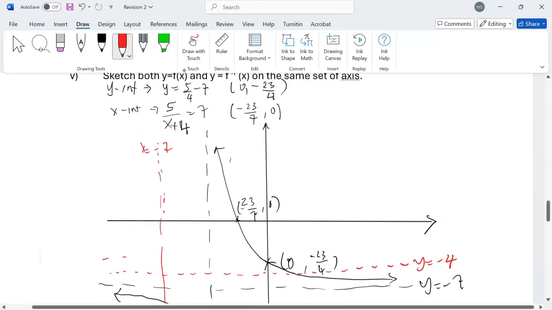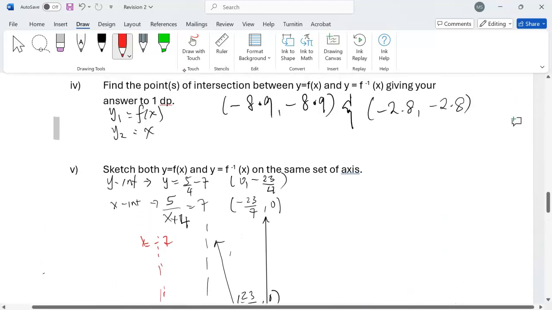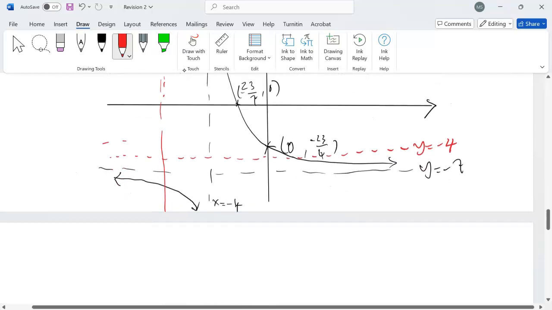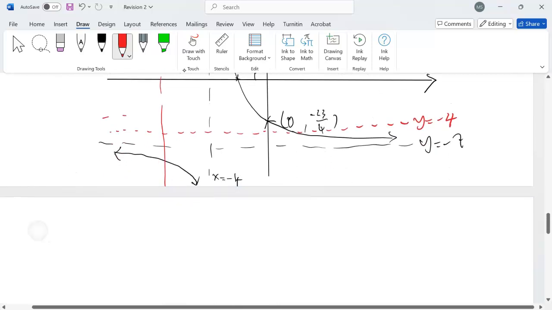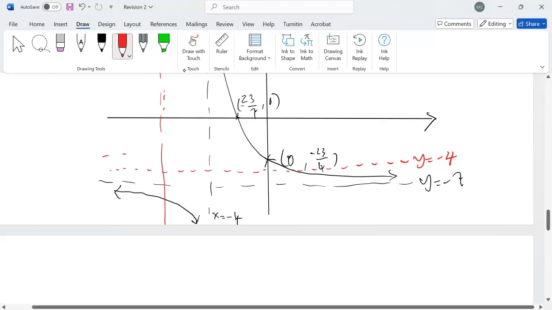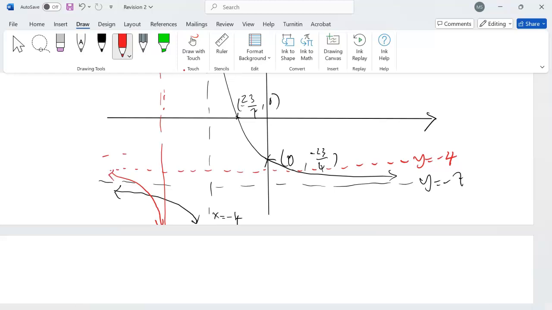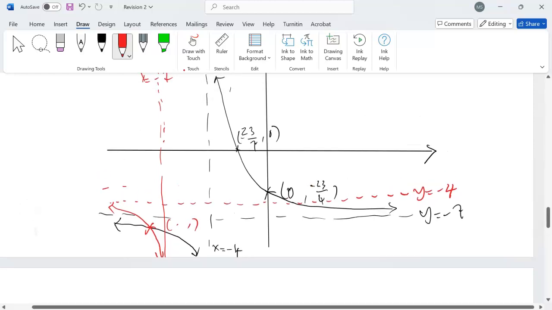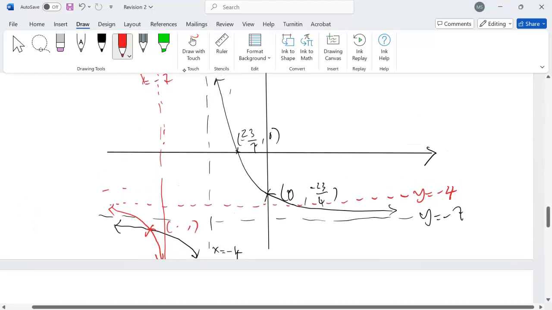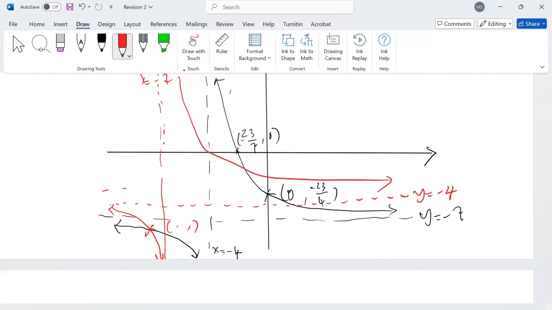Again, the intersection, we know it is at two different places, negative 8.9 and negative 2.8. Okay, so one is like this. So the intersection is 8 something. Okay, you write down, and the other one is something like that, all right?